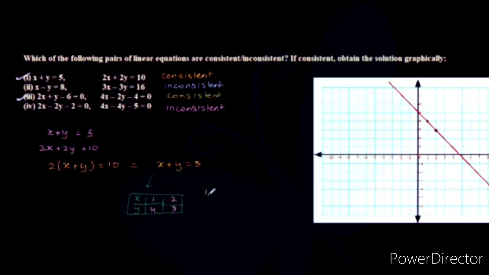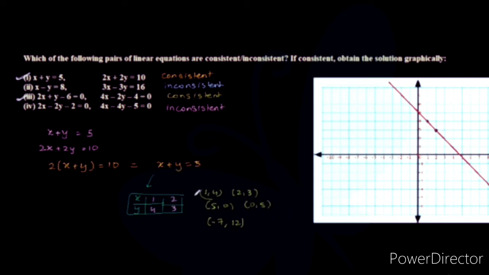Not just 1 comma 4, not just 2 comma 3. In fact 5 comma 0, 0 comma 5. Any two integers that you can think of that will add together to give you 5. For example, negative 7 comma 12, right? And so on. There are many solutions, infinite solutions for that matter.